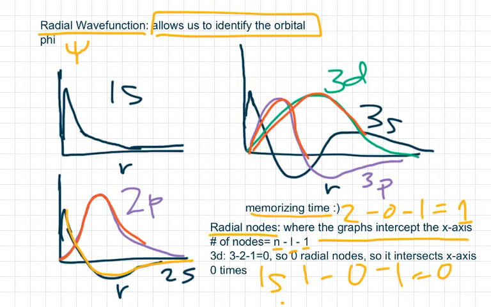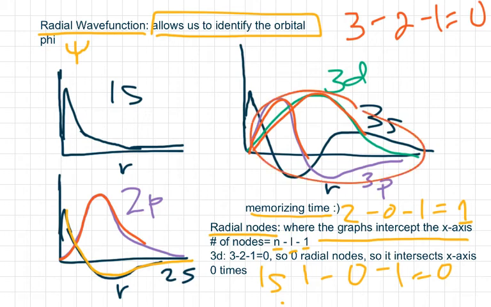For 3d, it's going to be 3 minus d, which is 2, minus 1, which is 0. So for the 3d sublevel, it intercepts the x-axis 0 times, and that's true, because if you look at the green graph, it levels off before it touches the x-axis.